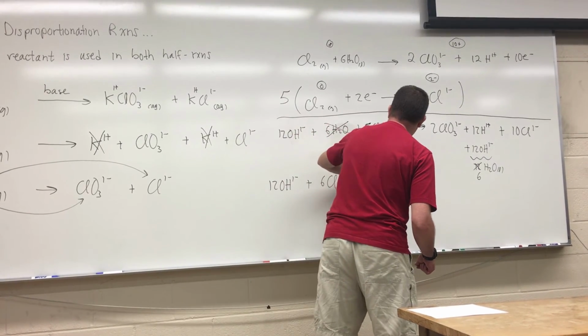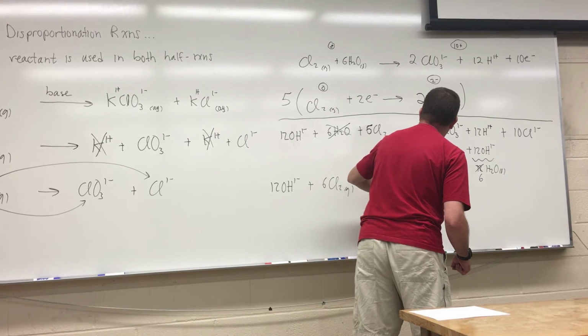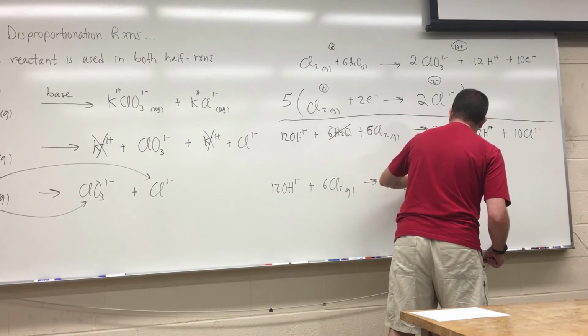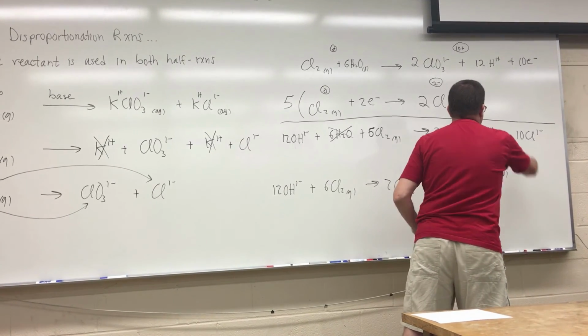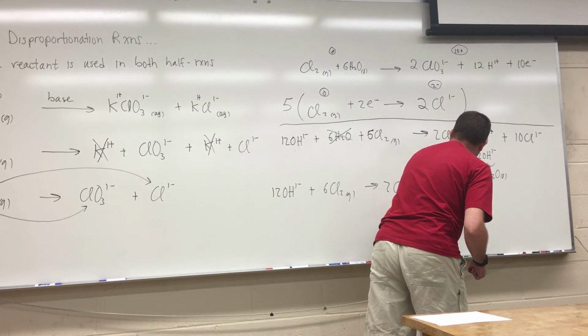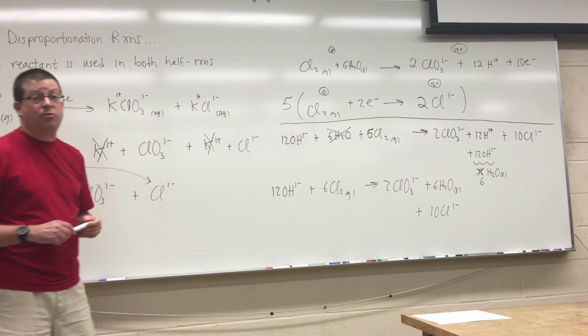All right, and that's going to take me over to 2 chlorates. And I'm going to have 6 waters. And then finally, my 10 chlorides in aqueous solution. And we should now have a balanced redox reaction.